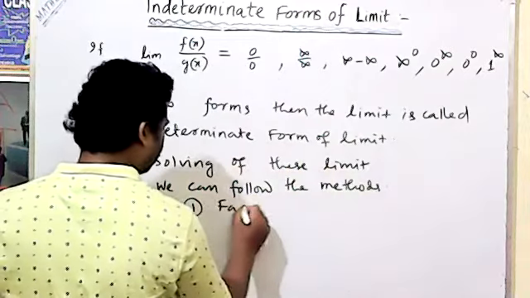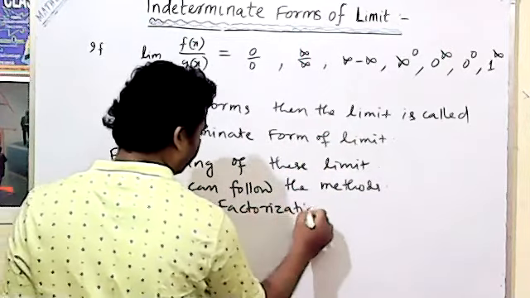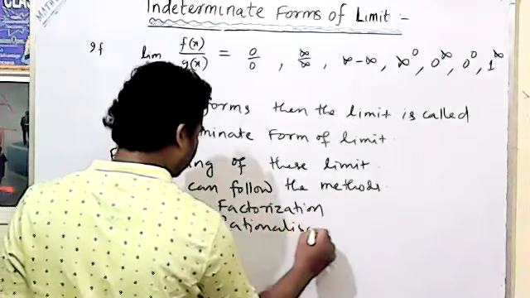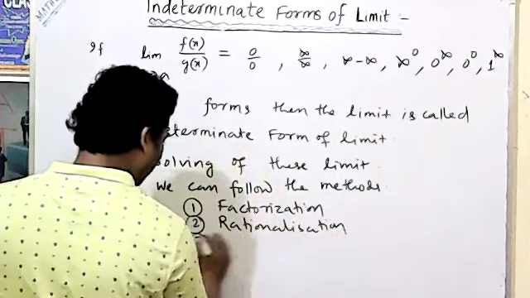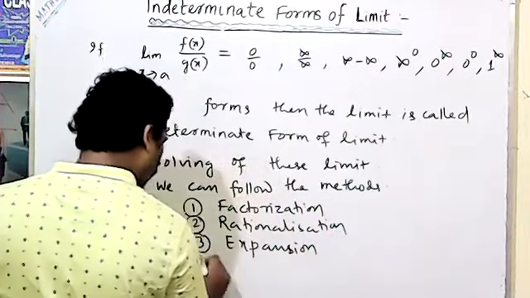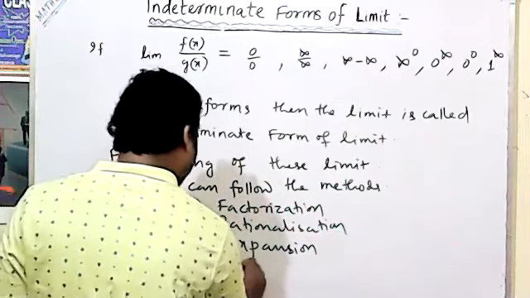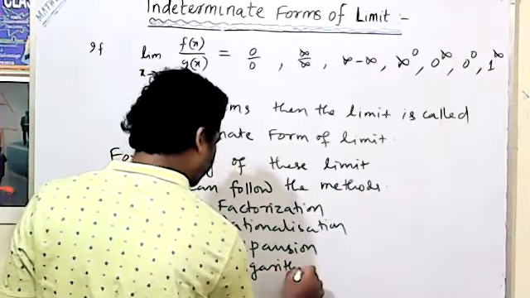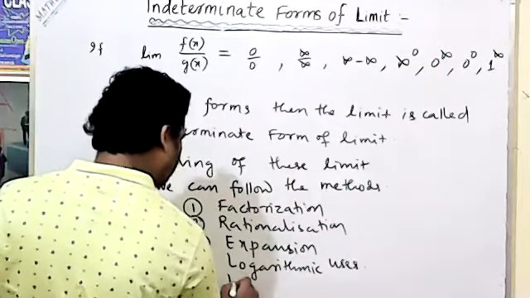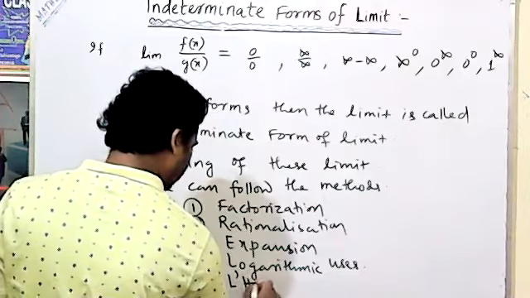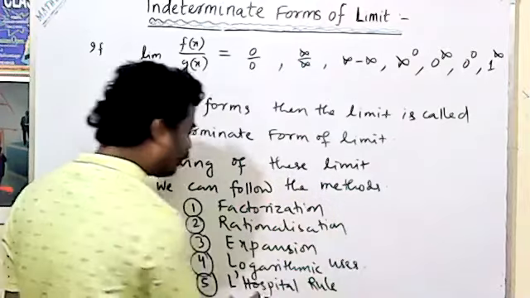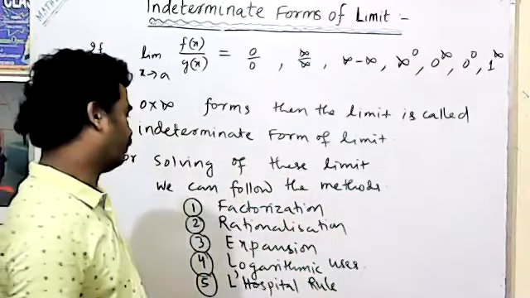First is factorization, second is rationalization, third is expansion, fourth is logarithmic uses, fifth is the L'Hospital rule, or you can pronounce it as the L'Hospital method.